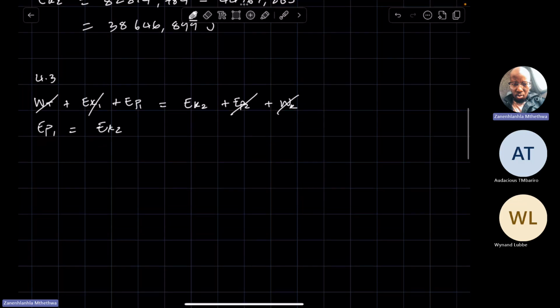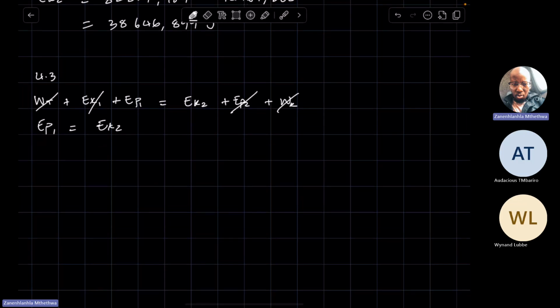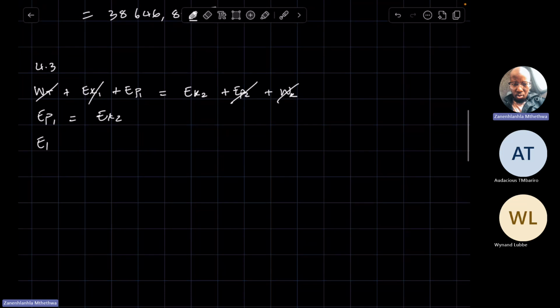All right, so that is the thing that we're looking for. Remember, EP1 is equal to EK2, which will be half times M times the final velocity, call this V2, squared. And this is what we are looking for, V2.